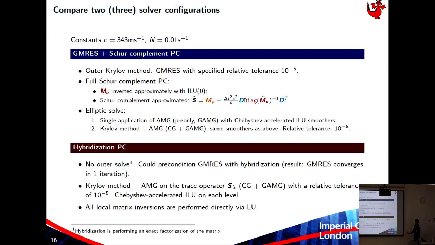But basically, if you set an outer tolerance, and you can verify this experimentally, which is the same as your inner tolerance, you will converge in a single application of GMRES when you apply this hybridization preconditioner. I found numerically that the accuracy in your multipliers ultimately determines how much your residual gets reduced. They correspond. It's kind of neat, I think. And I did all the local inversions with LU.